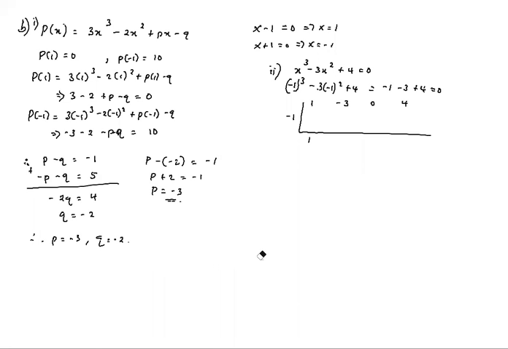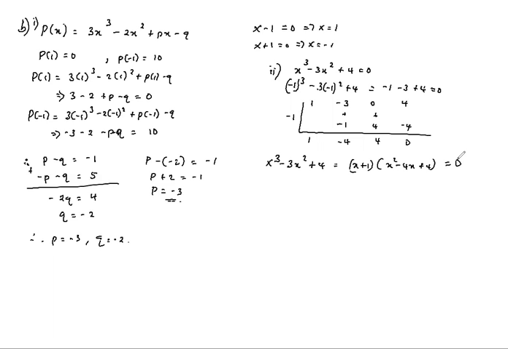So -1 times 1 is -1. You add -4, multiply 4, -4, 0. So this has become x plus 1 times x squared minus 4x plus 4.